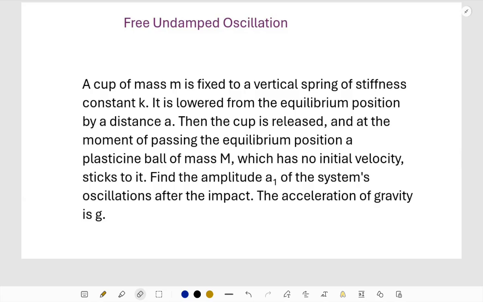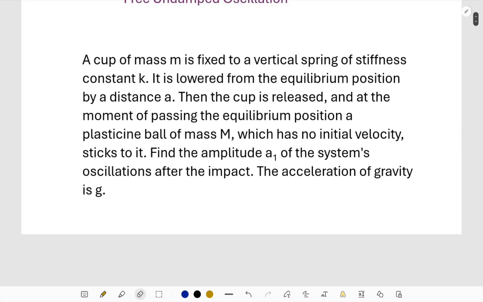So its velocity will be maximum, and that will be equal to omega A, amplitude multiplied by omega. And in this problem omega is equal to under root k by m. So the velocity of the cup just before the collision, because the central event in this problem is the collision, so I'm focusing on the situations before the collision and after the collision. So just before the collision, v is equal to amplitude multiplied by omega.